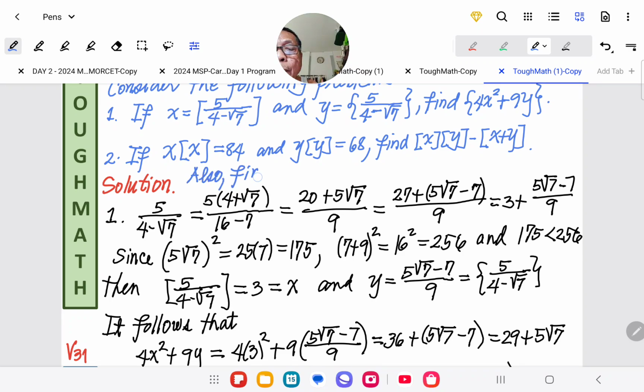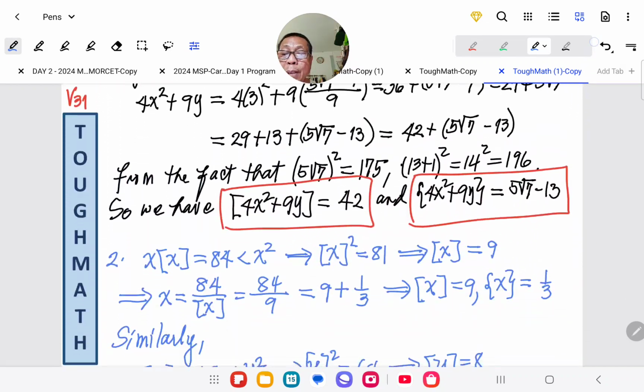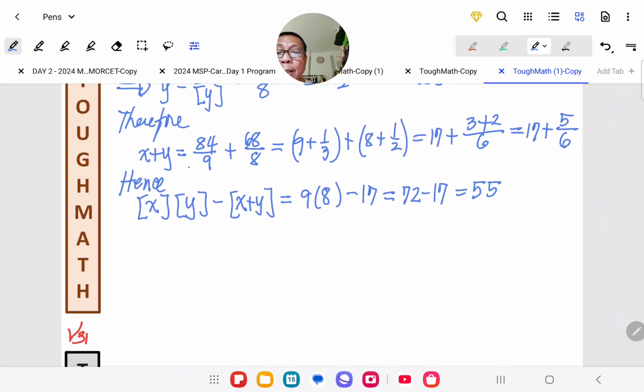Also find the greatest integer value of xy plus y times the fractional part of xy plus x. Okay, so that's an additional problem which we will solve here below.